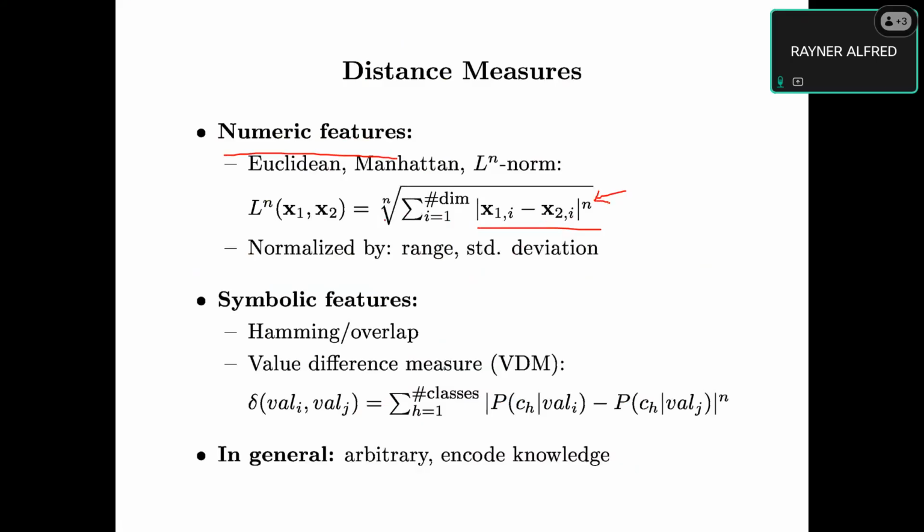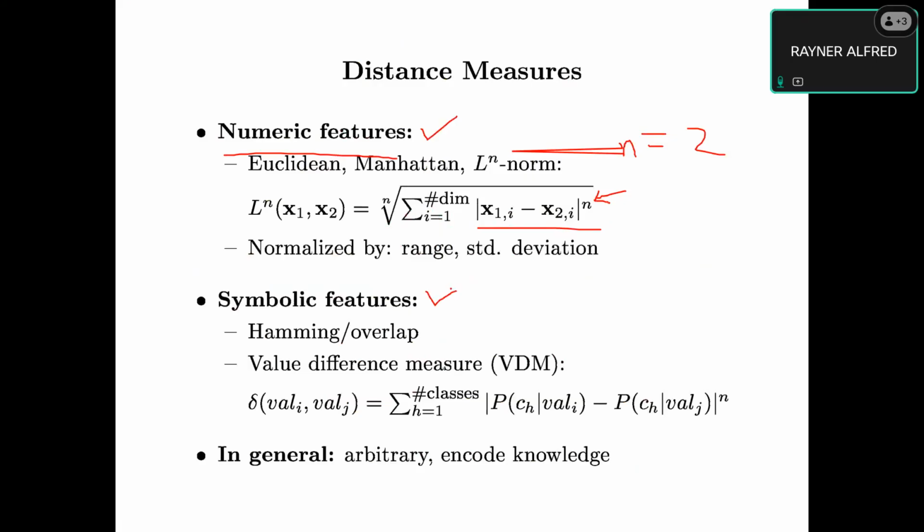Here we say n equals 2. Okay, so basically we are summing up the squared differences between two instances, and then after that we take the square root here. This is for numerical features. Okay, but for the symbolic one, we just use 1 or 0.